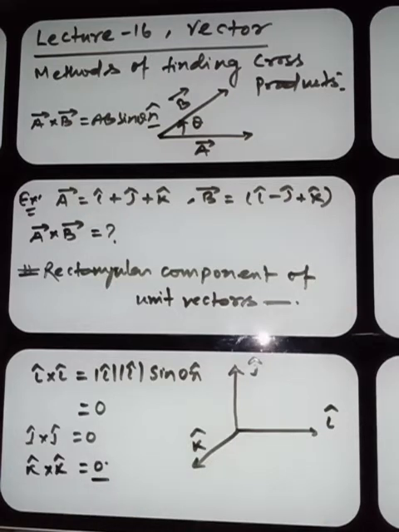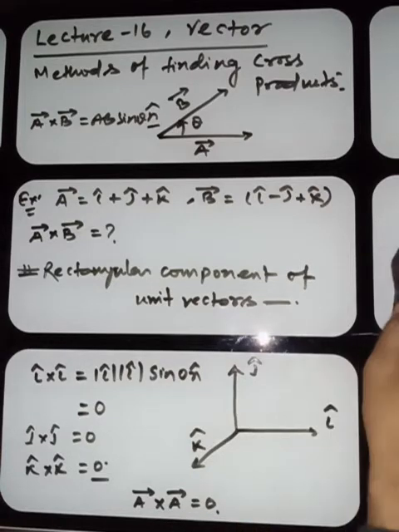This is very important to remember, my dear students. For any vector A, not the unit vector but the vector A, A cross A must be 0. Why? Because the two vectors have angle theta equal to 0. If the vectors are the same, theta will be 0 degrees, and in this case the cross product will be 0.